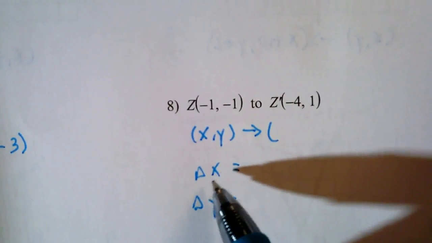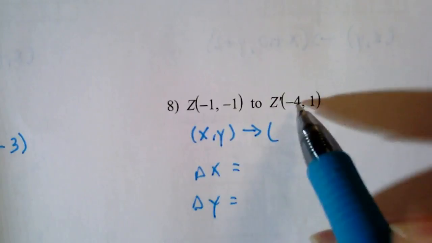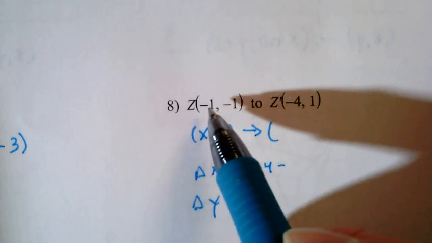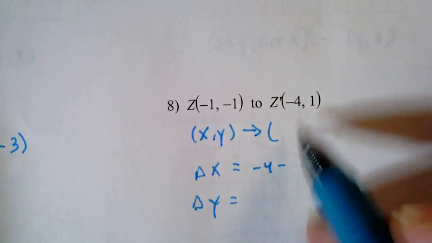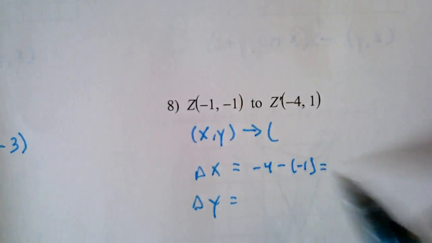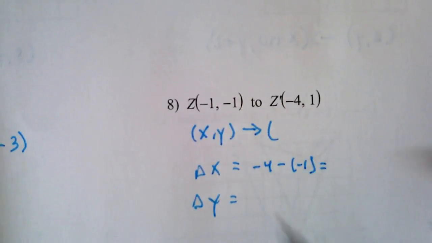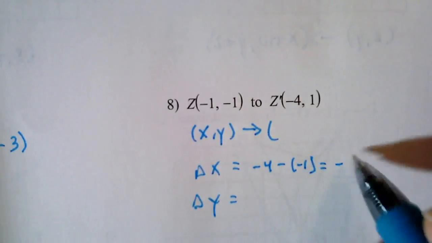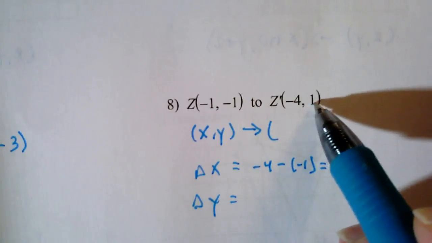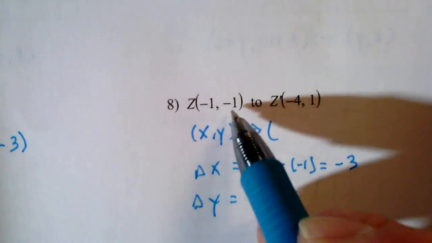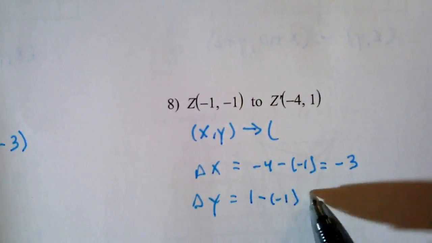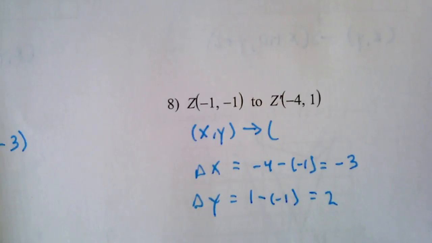Our change in x is from -1 to -4, so end minus beginning. -4 minus -1 is the same as -4 plus a +1, so that's -3, and the y is 1 minus -1, and that's the same as 1 plus +1, which is +2.